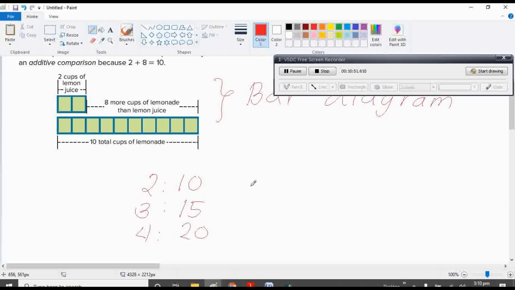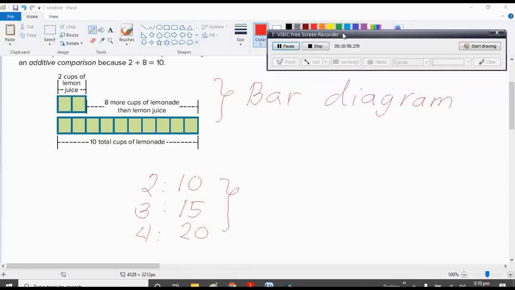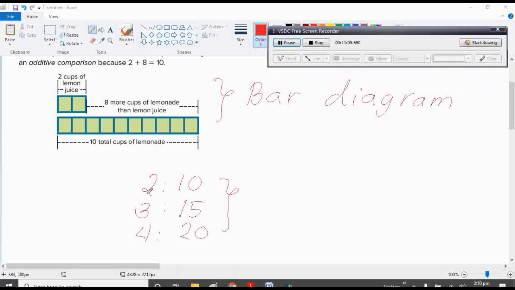Remember, a ratio will determine how it will be equal to another. So, if there is a missing part of the lemon juice, the lemonade will be sweet. If there is more lemon juice and there are only 10 cups of lemonade, the lemonade will be sour. So that's how we compare ratios.